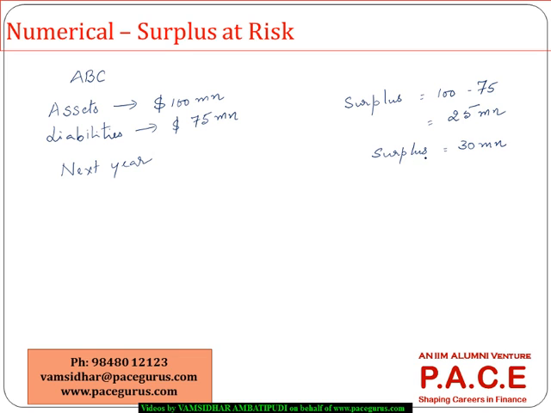Means surplus will grow by 5 million. So I am expecting it to become 30 million. But at the same time, I know, let's say, the volatility of the surplus, right? In some years, the surplus was growing by some percent, in some periods, it was falling. So if I assume that the volatility of the surplus is somewhere around 8%.